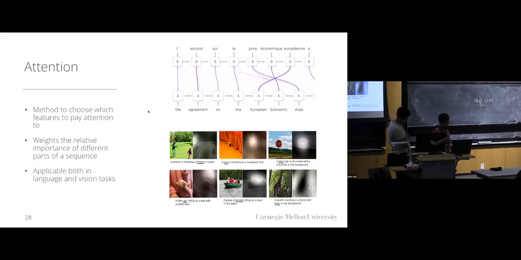And this shows the complexity of the relationships that you can capture this way. It's obviously also applicable in vision, because you also want to pay attention to different components of images, as well as sentences.